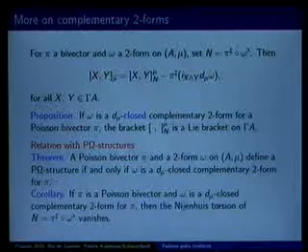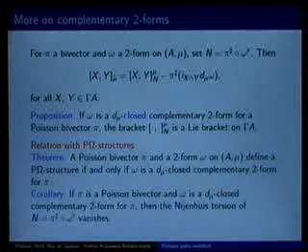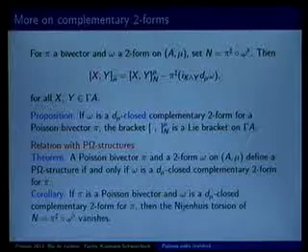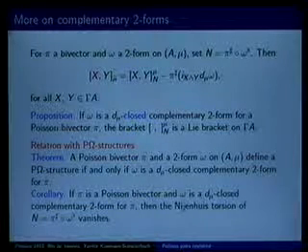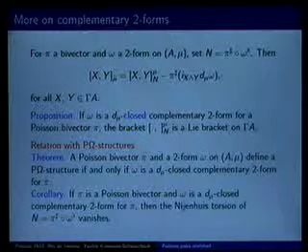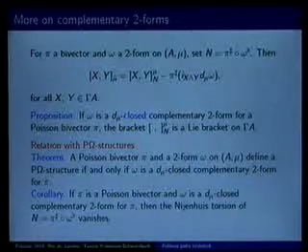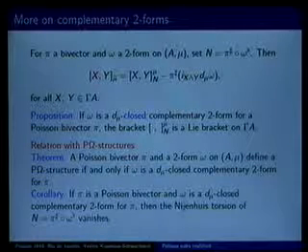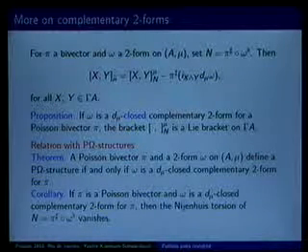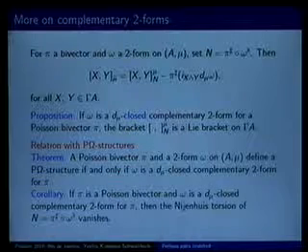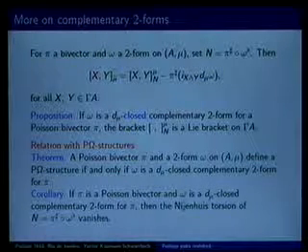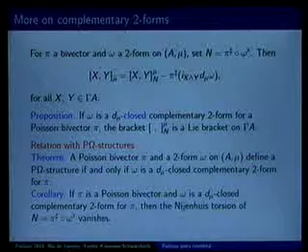Okay, you can go on. You can have an explicit expression for this bracket defined by mu tilde. And if the complementary 2 form happens to be closed, then it follows that the N that you obtain by combining the pi with the omega again has vanishing Nijenhuis torsion.